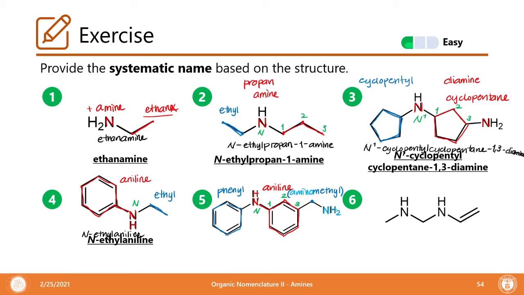Now, when we assemble the name, we can look at the alphabetization, A versus P. A comes first, so 3-(aminomethyl) and phenyl, aniline.